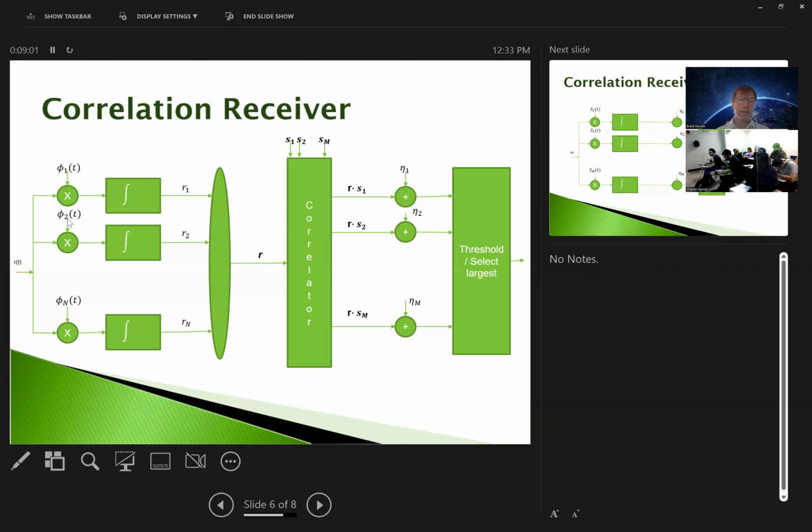And so we're going to take this R of t and multiply by those basis functions, integrate over that pulse period, and that's going to give us these coefficients of the vector.